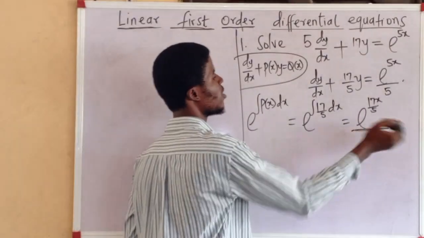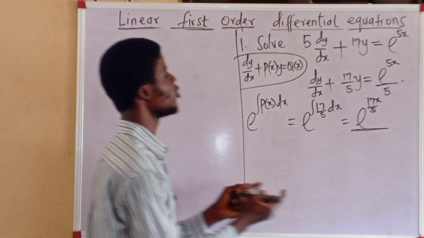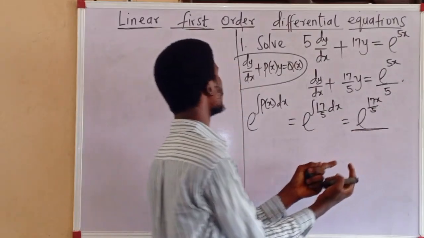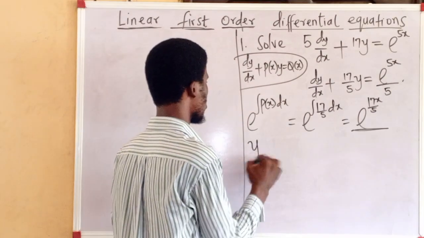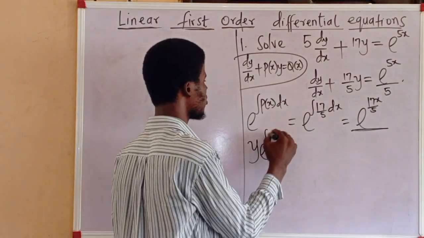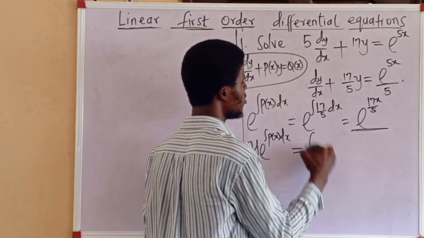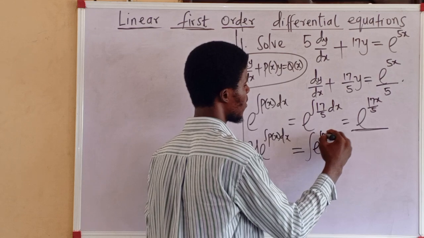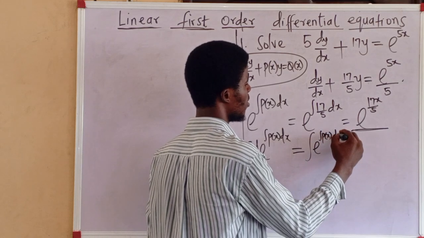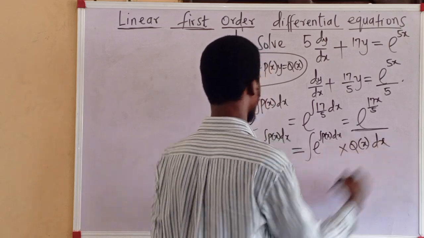Step 3 says we should substitute this integrating factor into that equation. The equation is y times the integrating factor is equal to the integral of the integrating factor times q of x dx.